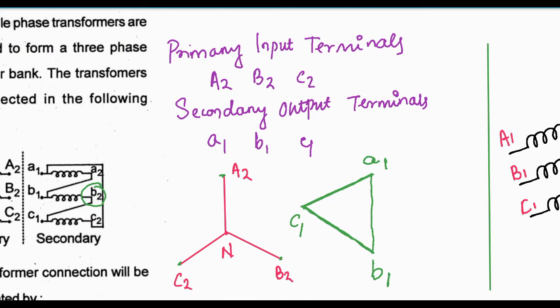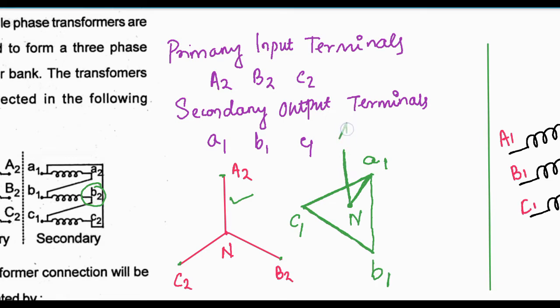And if there is a delta in the clock diagrams, we have to consider a virtual ground, virtual neutral. So here is the virtual neutral N, and we have to consider the reference. Suppose here A1 is the reference, high voltage is the reference, and secondary is leading.